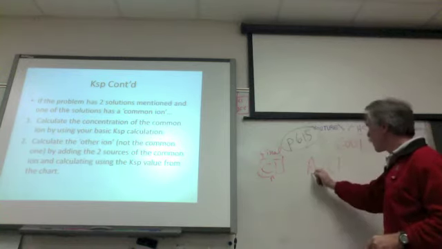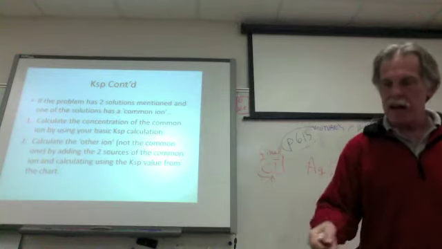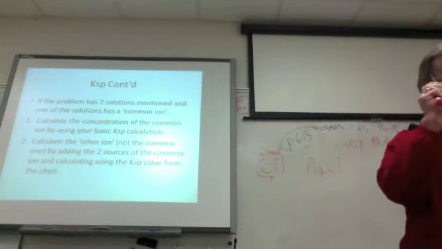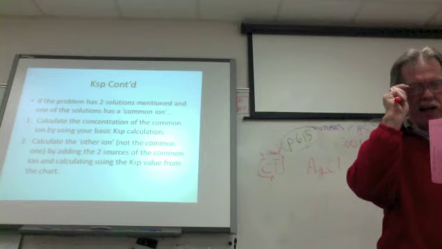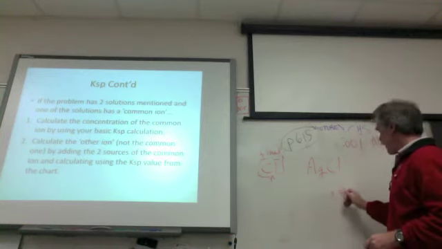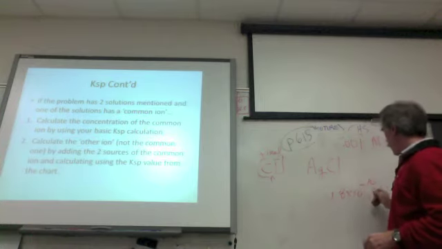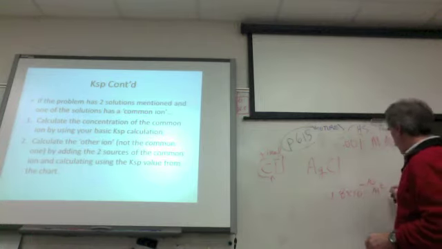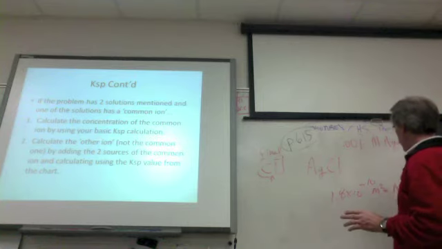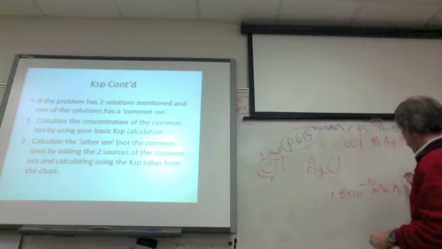Okay? First solution, concentrated AgCl. So you say, well, I know that for AgCl the KSP is 1.8 times 10 to the negative 10th molarity squared. And remember how we solved for that? Ag times Cl, but they're equal, so we did Ag squared.